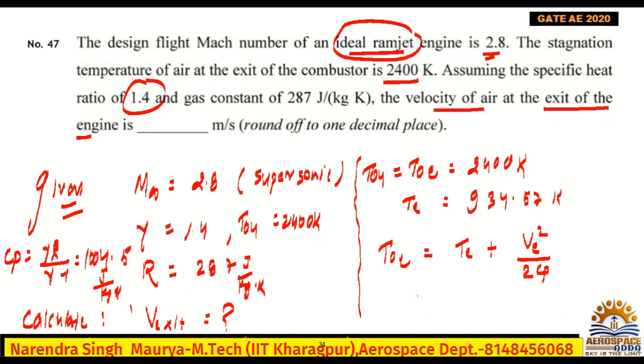We'll keep it here. So we'll calculate what is the V exit. V exit will be the square root of 2 Cp times (T naught E minus Te). We have all the values. So Cp multiplied by 2 in bracket, again multiplied by, in bracket, 2400 minus 934.57.